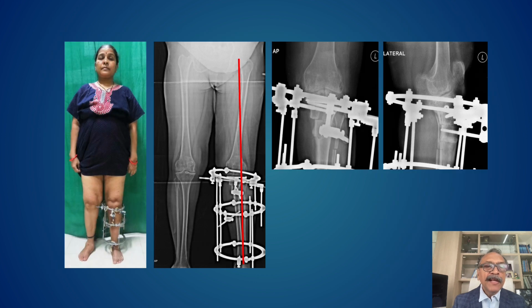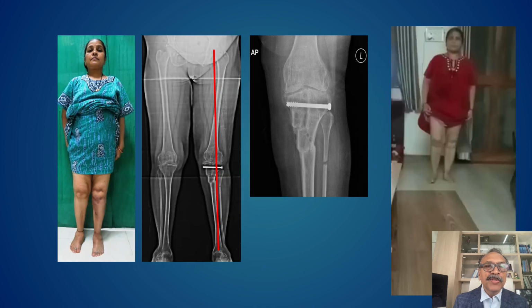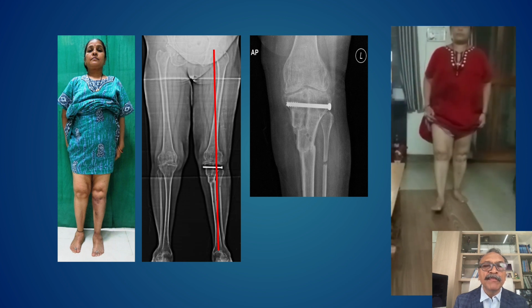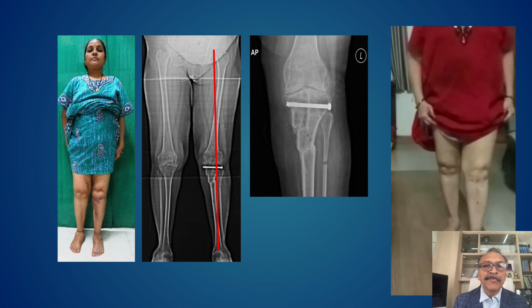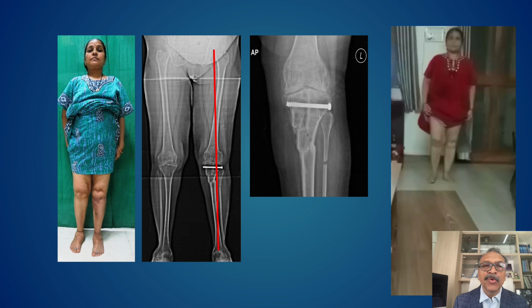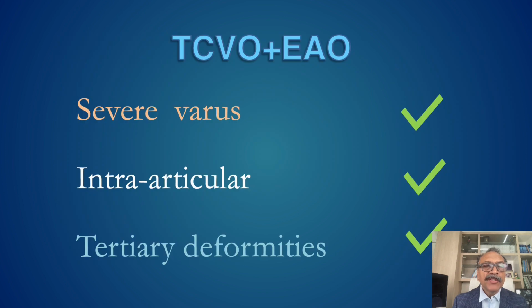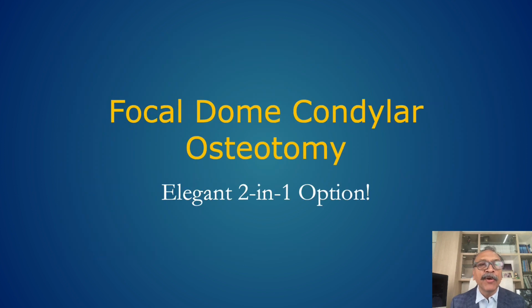Lateral thrust, and here she is with the fixator. We can see in this small x-ray both the upper and the lower osteotomies, and she has complete correction of both the intra-articular instability as well as the extra-articular deformity and pain. So the combination of osteotomies can treat all these types.